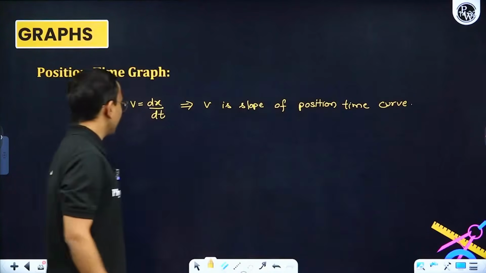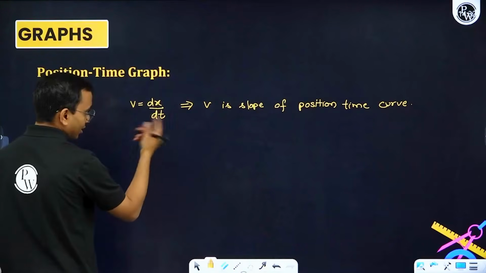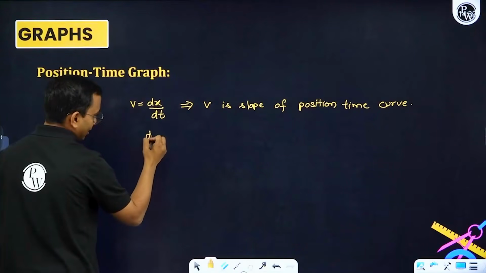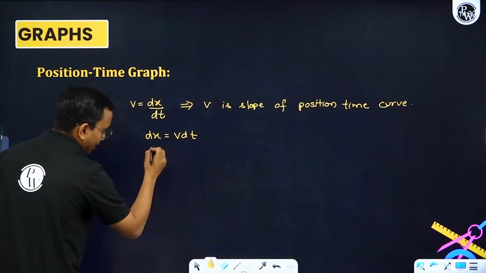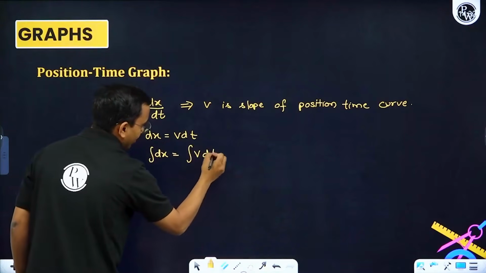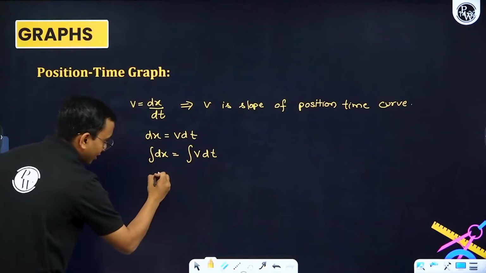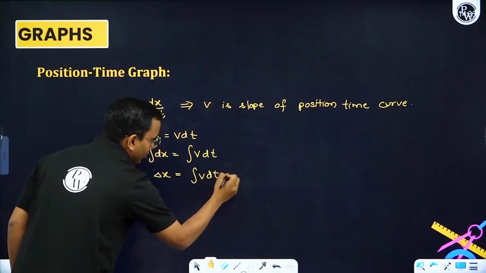This I got. Okay. And if I integrate the other way, dx is equal to v dt. Integration of dx is equal to integration of v dt. So what is integration of dx? Delta x. What is delta x? My displacement.